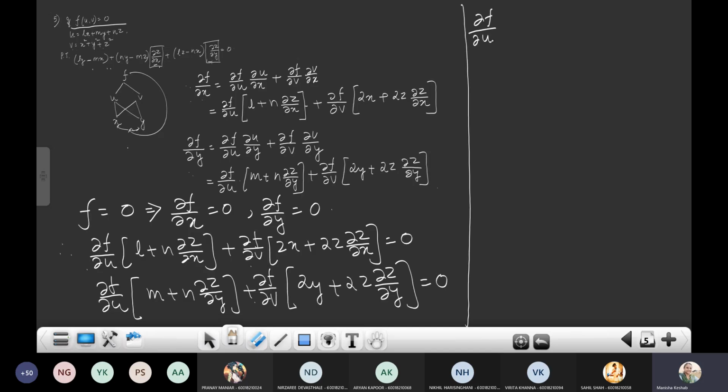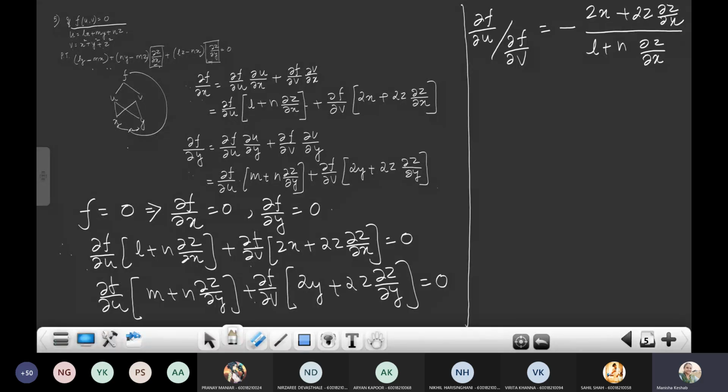So del f del u upon del f del v will be equal to what? So this is minus of 2x plus 2z del z del x upon l plus n del z del x, right? So ये इधर आ गया, फिर ये नीचे चला गया.